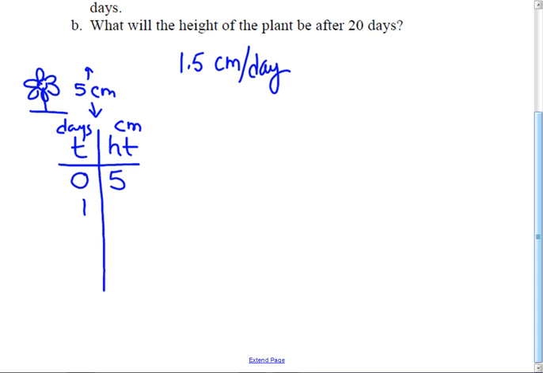How tall is this plant after a day? Adam? How tall is the plant after a day? It grows 1.5 centimeters per day. It was at 5, and how much is it going to grow? Right? 1.5. So that's going to be what? 6.5.